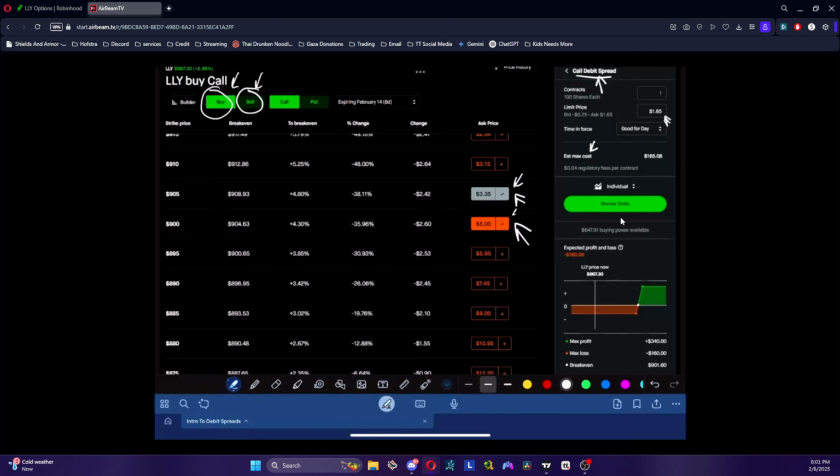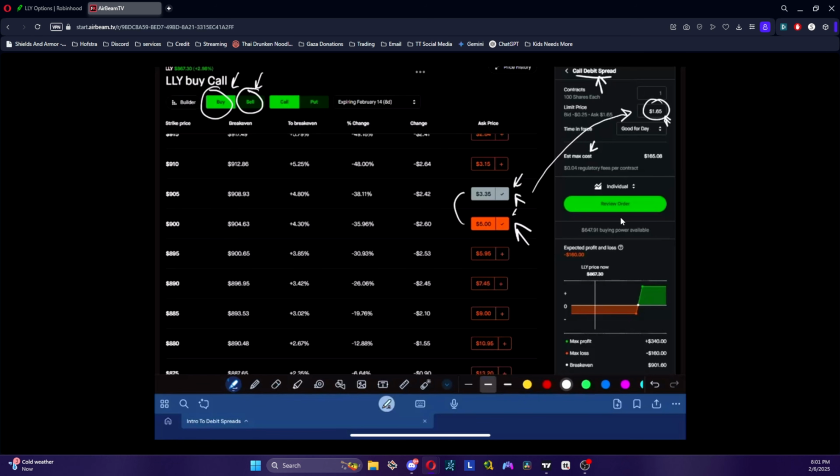So looking at this very quickly, we'll do the math without having to write it all down. You take the difference of the two premiums, so that's $500 and $335. If you subtract both of them, that'll equal $165. So that's the amount we're paying, $165.